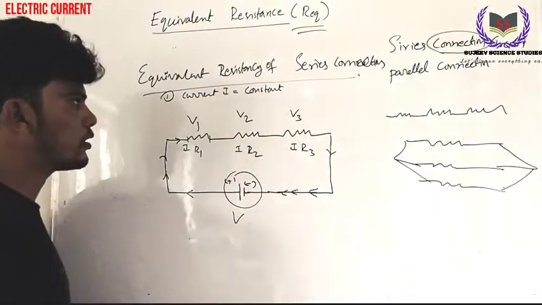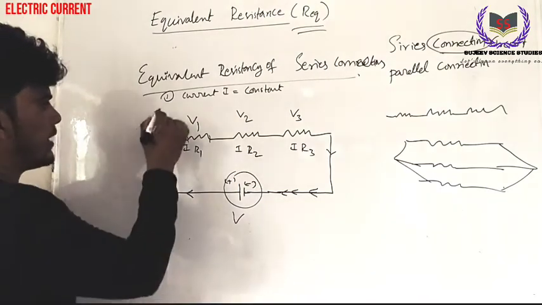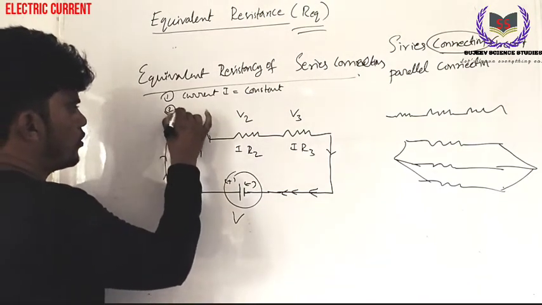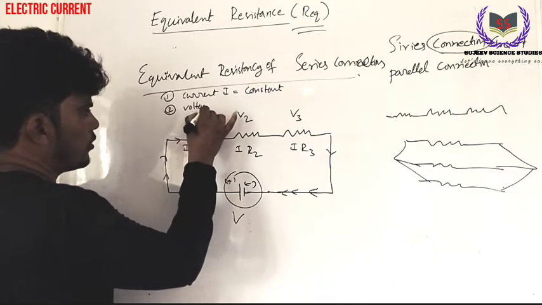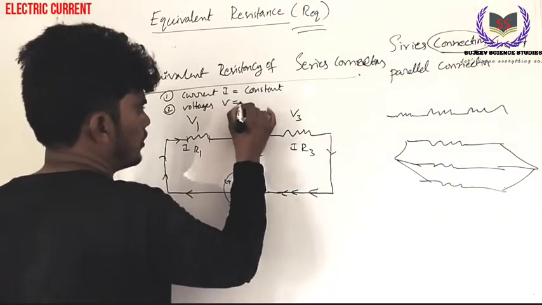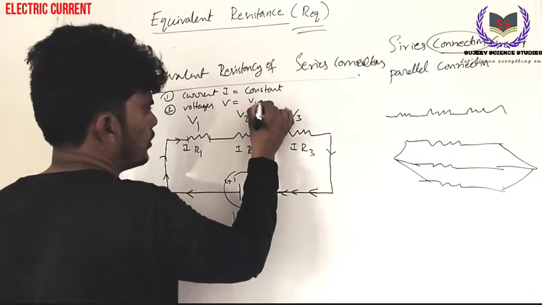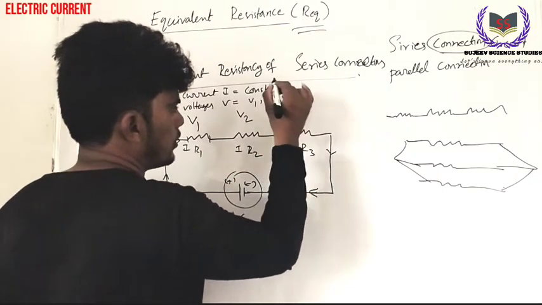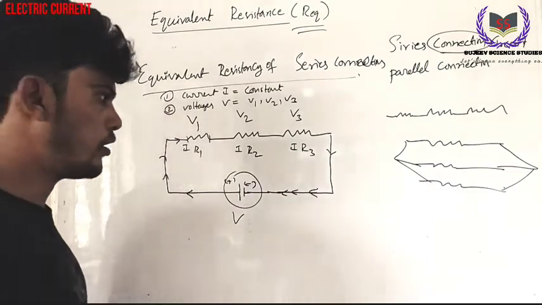Are you clear? So that is the first point, and the second point is the voltages: V in total, and respectively V1, V2, V3. These are the voltages.